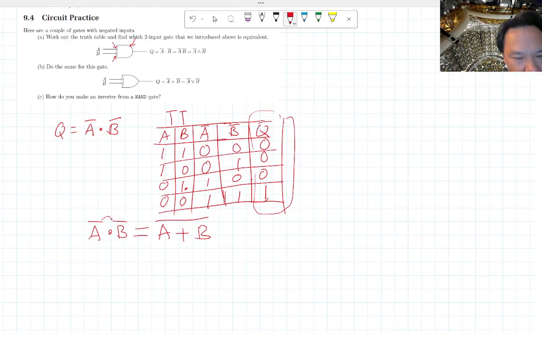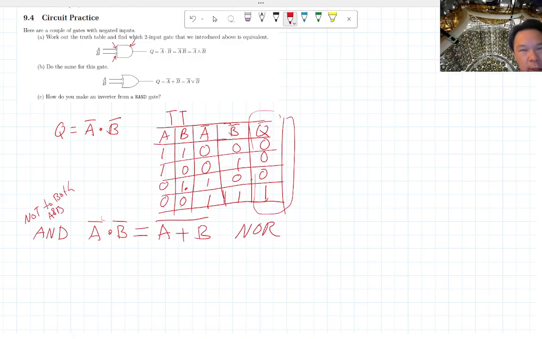If I connect these two bars together, it flips the symbol in the middle from an AND to an OR. And this is going to turn out to be De Morgan's theorem. This is the NOR, this is an AND, but then the two inputs are opposite, NOT to both inputs.